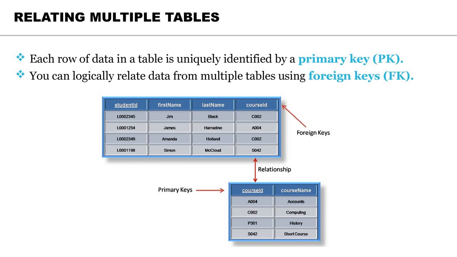A foreign key is a column that creates the relationship between two tables. You can see that for the second table, it's not a unique identifier, but it helps logically relate the data from the first table with the second table.